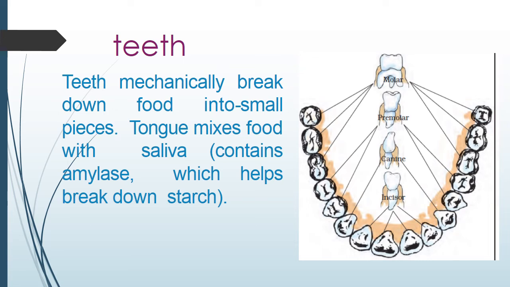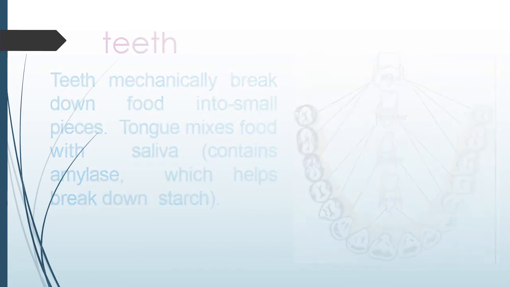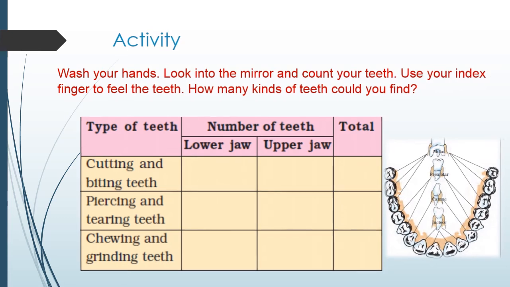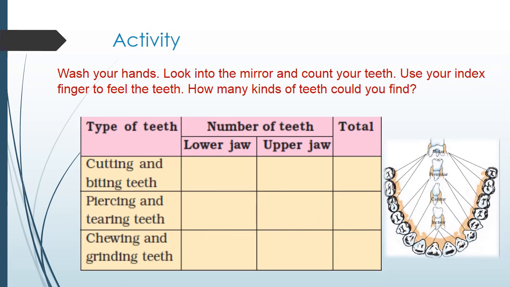You can see there is a continuation of a series of teeth, and different types of teeth have been shown in the figure. You will be having one small activity after that, and after this activity we need to know about the tongue also.